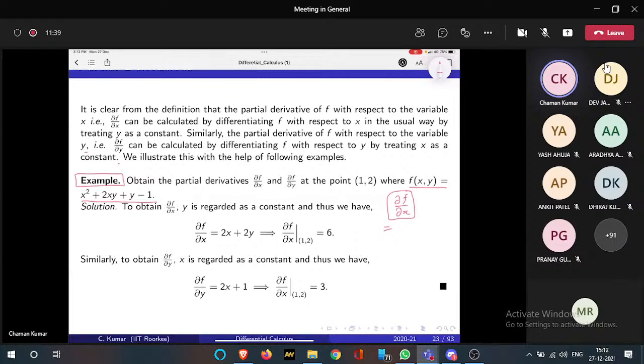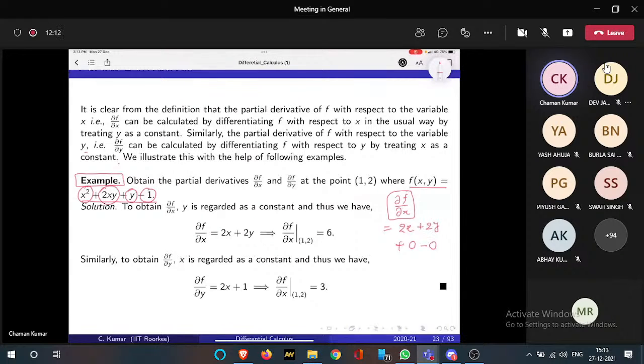The first element on the right-hand side is x square, so the derivative of x square is 2x. Then the second element is 2xy, and you treat y as constant, so the derivative of this will be 2y. The third element is y. y is constant, so the derivative of a constant is 0, right? And then minus 1. 1 is constant, so the derivative is 0.